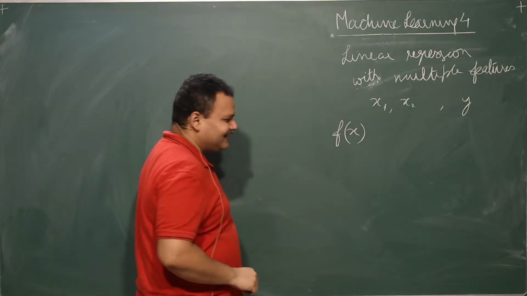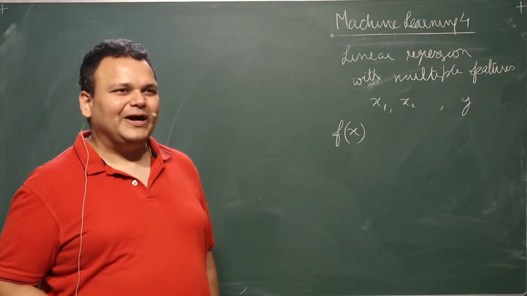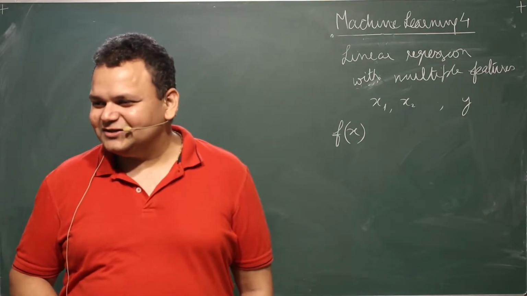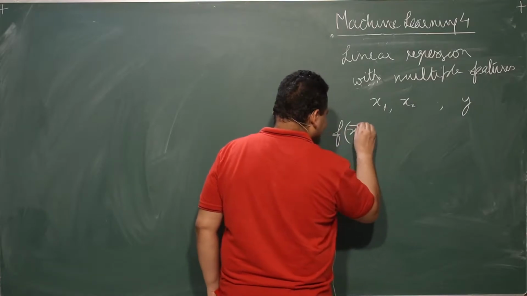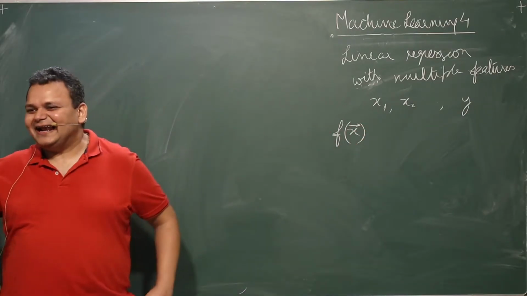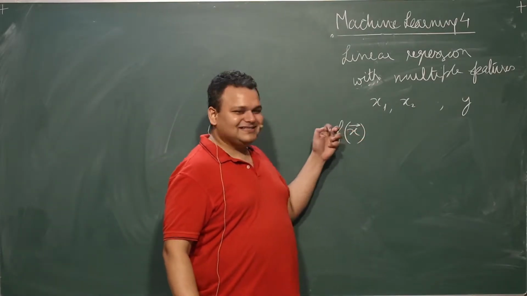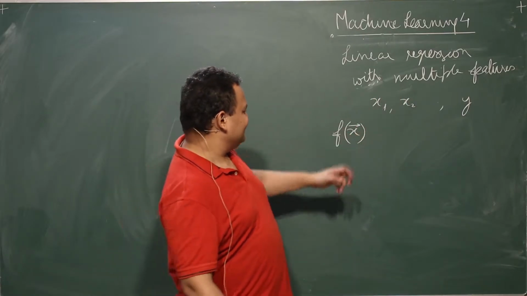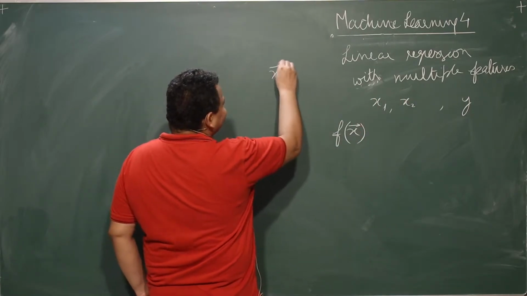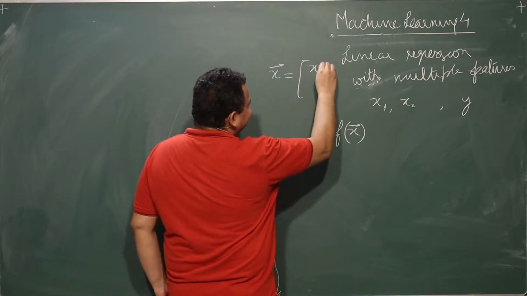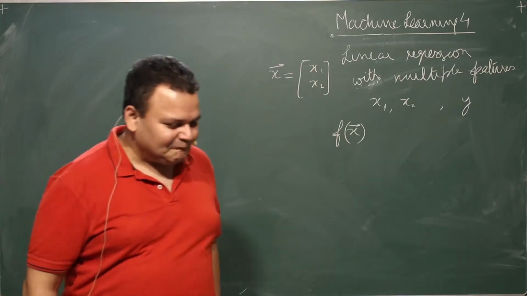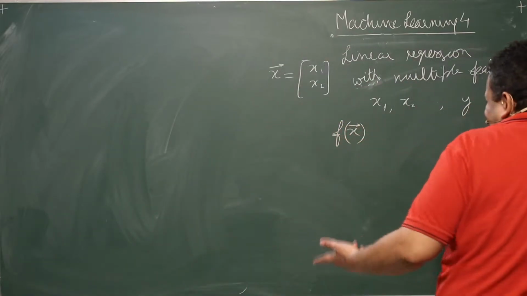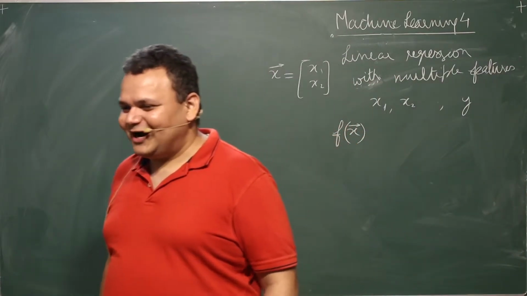Where x, I don't know how to denote vectors. What do we use for vectors? Let us use this. This is not a directional vector, please understand that this is just x. So x is x1 and x2. Books have the advantage that you can use a bold font to write vectors.